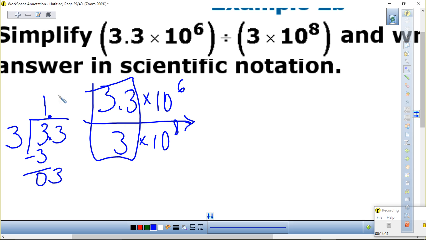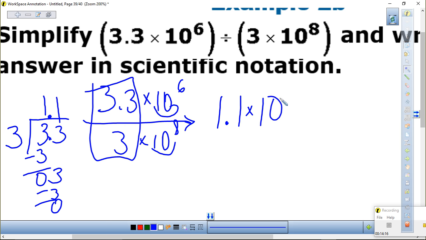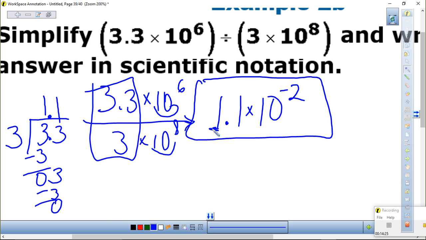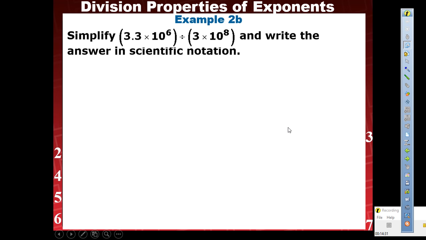Does 3 fit into 3? 1 time. All right, so this is 1.1. Times. Are these the same base? Yes. 6 minus 8, that is negative 2. Is this scientific notation? Yes, it's got 1 digit on the left, and we got our base 10. Okay? All right, so set that aside.